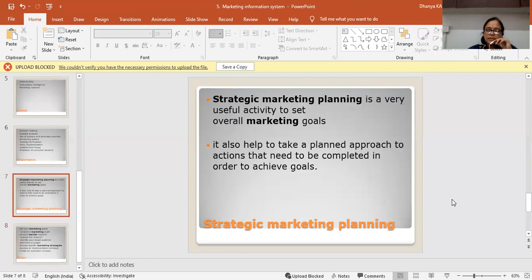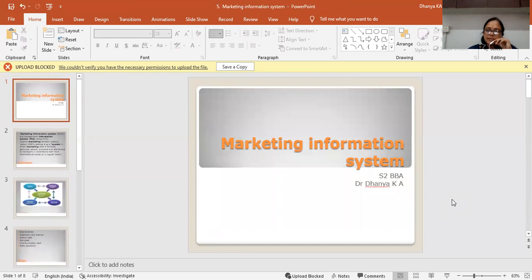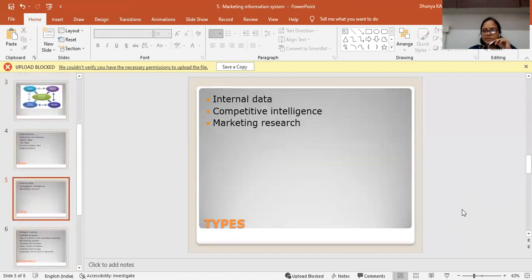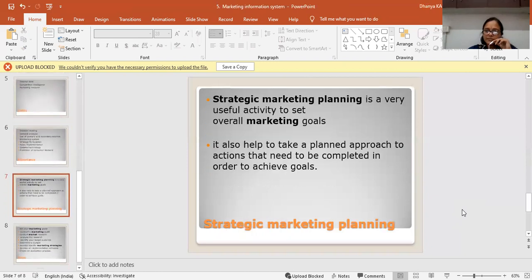So this is the marketing information system, which is the management information system, which is a part of the management system which gathers, stores, analyzes and distributes all the details to the managers for the purpose of decision making. Now, another part of it is strategic marketing planning, which is actually a very useful activity done by the companies for setting the overall marketing goals.